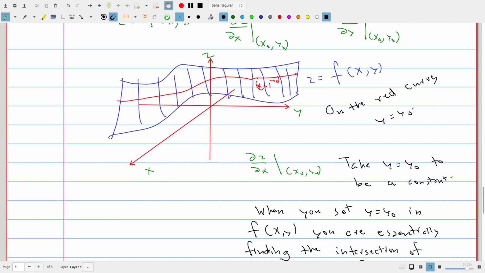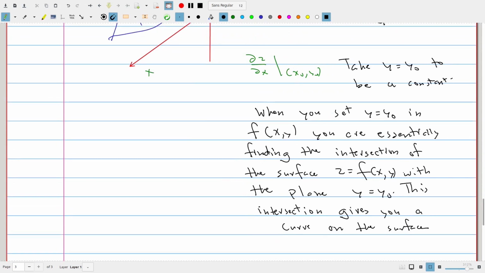And what do I mean by gradient? Gradient is how z varies when you vary x or y.